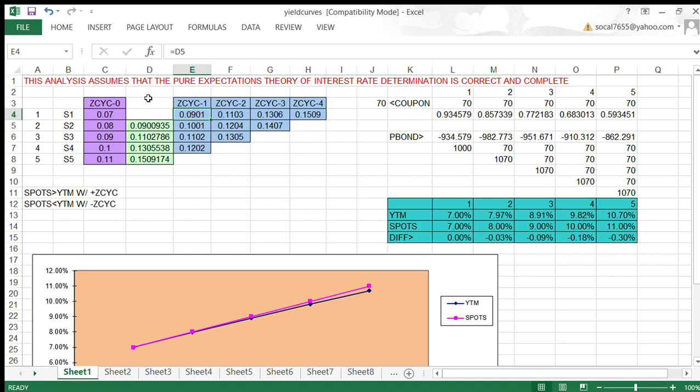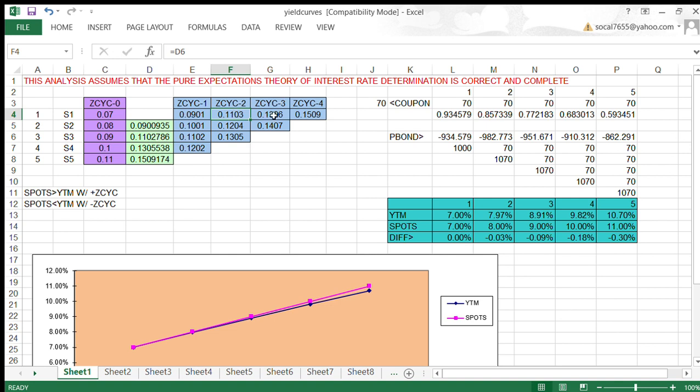Since we are assuming that pure expectations theory is correct, the expected 1 period spot rate at date 1 is just equal to F2, the forward rate over the second period. And of course, you can see here that the expected 1 period spot rate at date 2 is the forward rate over the third period.